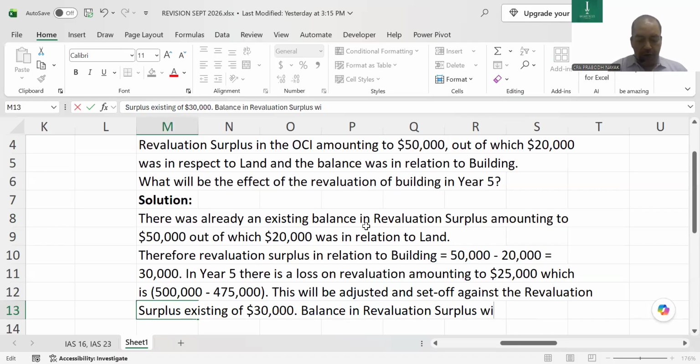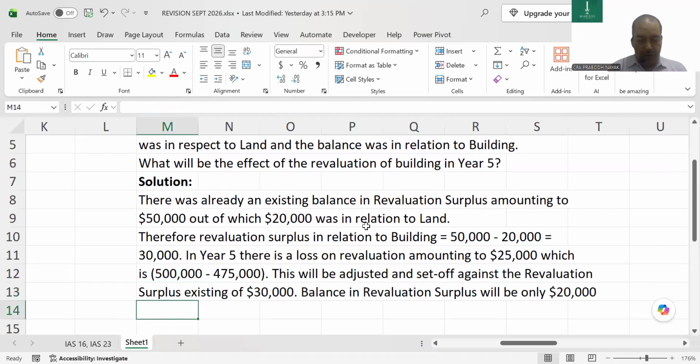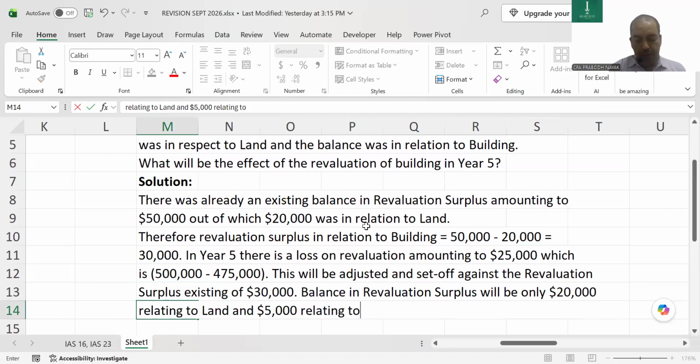Balance in revaluation surplus will be only $20,000 relating to land and $5,000 relating to building.